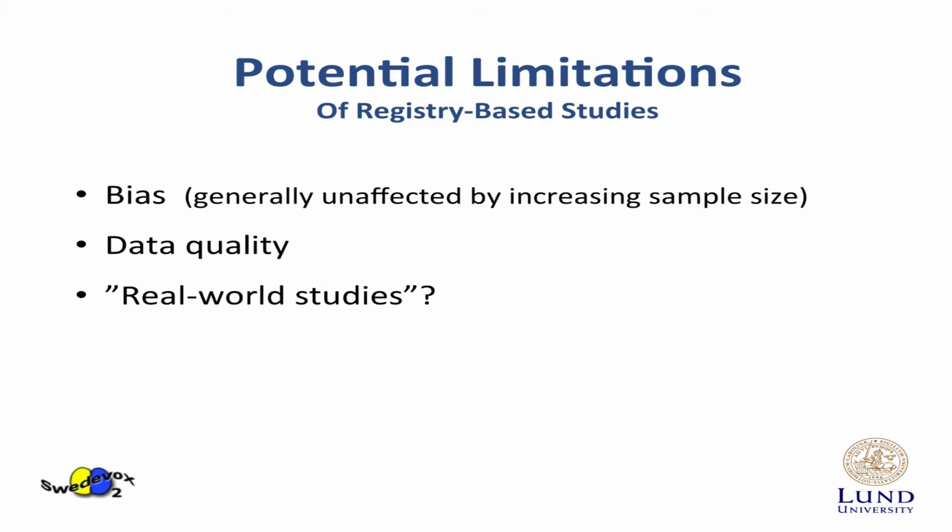Compare it with medical records, for example. And I'm not so sure about real-world studies, actually, because in a sense, the data that we get is fairly representative of the real world. But we often want to go after an effect, right? And the effect is out there in the real world.